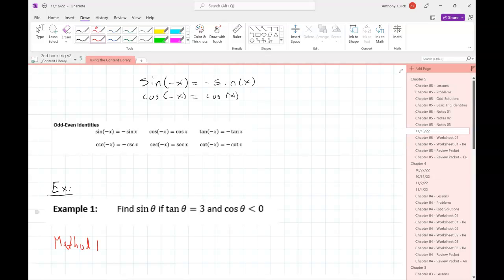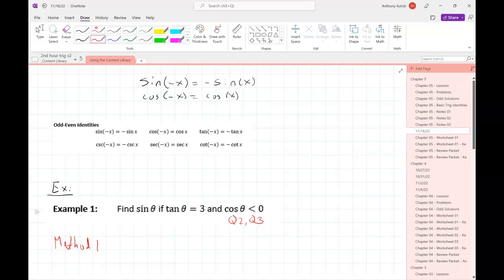Here we see that cosine is negative. What quadrants does theta have to be in for cosine to be negative? Two and 3, right? Cosine is negative where the x-coordinate is negative. And here we're told tangent is 3, and 3 is a positive number.